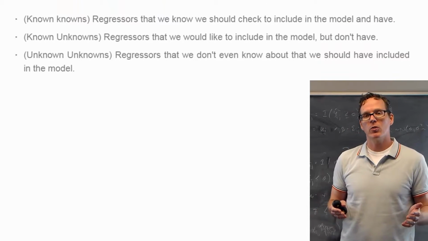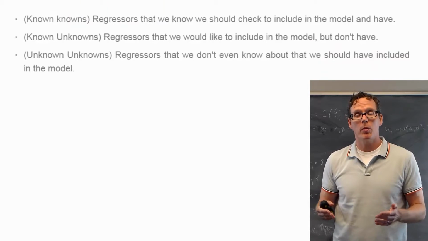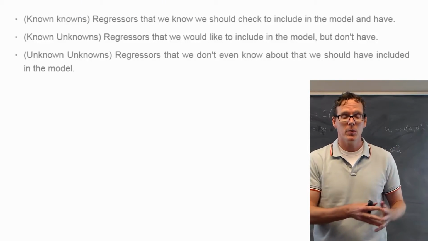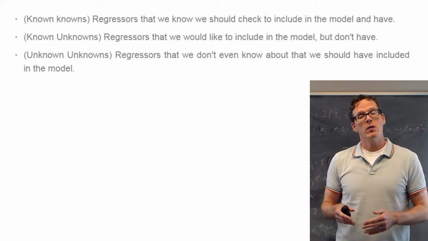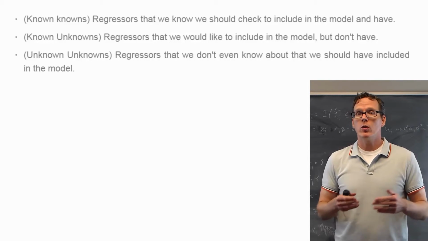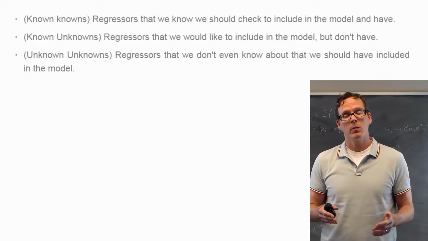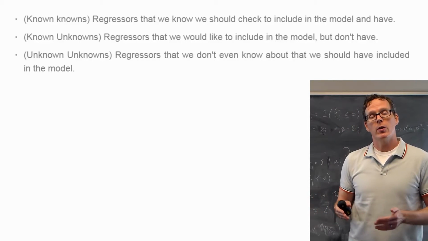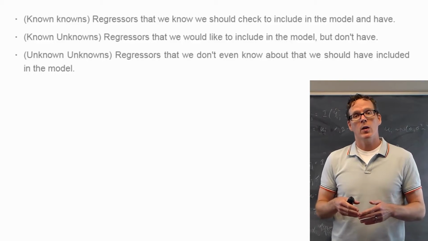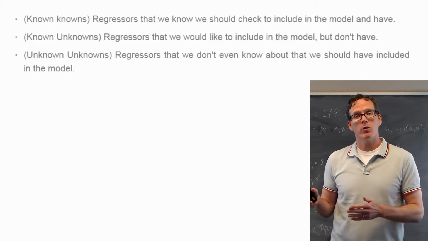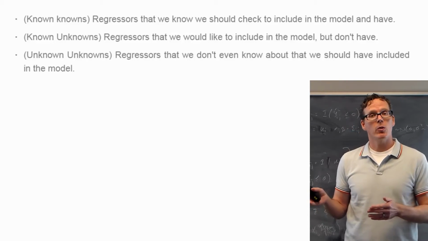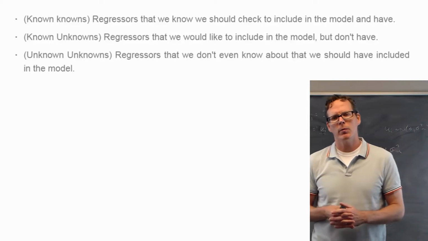Known knowns are regressors that we know we should include in our model and we have recorded, so we just put them in. There are known unknowns, and these are things that we know we should include in our regression model, but unfortunately we didn't collect them. And there are unknown unknowns, and these are things that we should include in our regression model, but we didn't collect them or don't have them or don't know whether or not they're important.